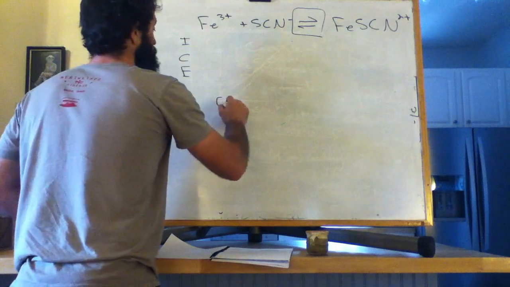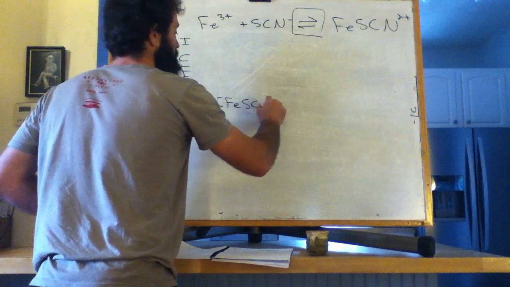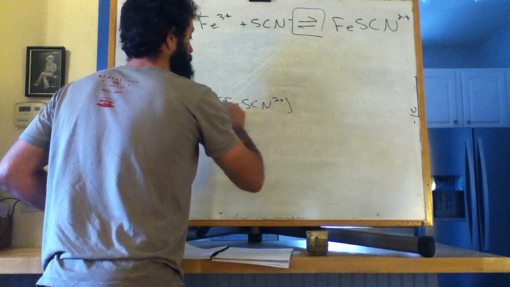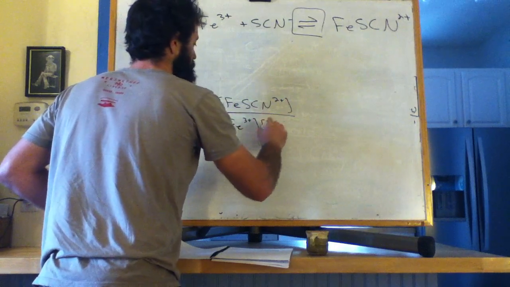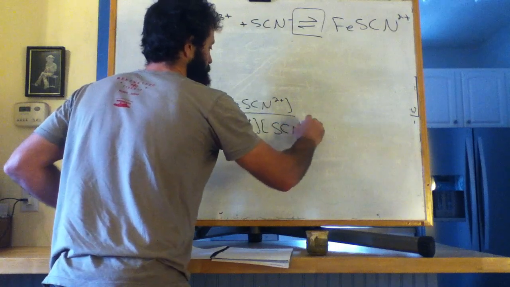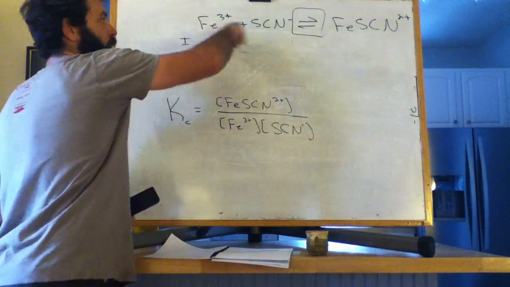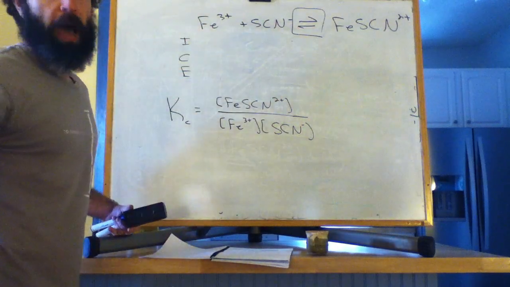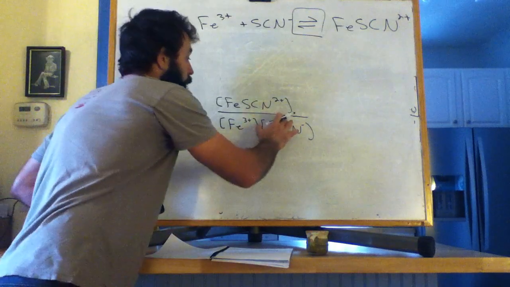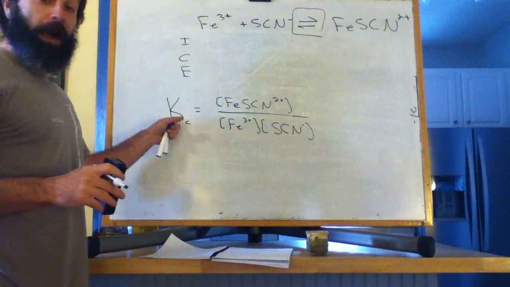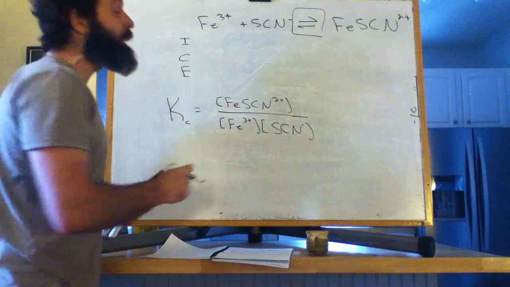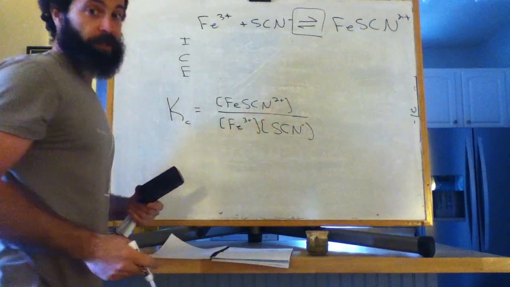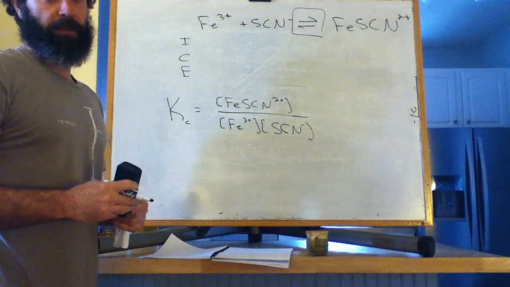It will be the equilibrium concentration of products over reactants, raised to their stoichiometric coefficients. All the coefficients are 1, so all these powers are 1. So we're trying to calculate an equilibrium constant for this reaction. We better know the equilibrium concentrations of all of our products and reactants.